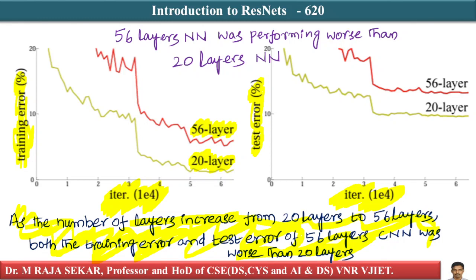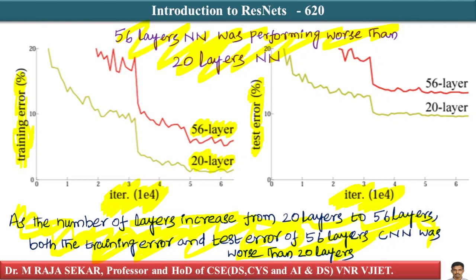Even after we use dropout, ReLU, all these interesting ideas, our very deep neural network like the 56 layer one was performing worse than the 20 layer neural network. Why is this happening? How could we fix it?